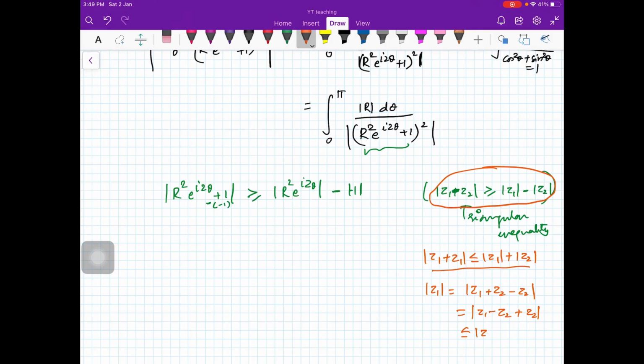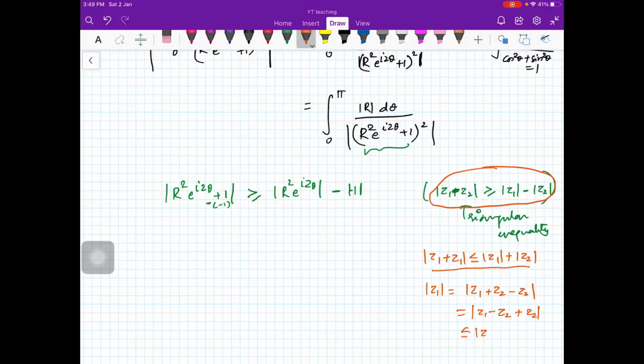So this integral is further less than or equal to the integral from 0 to pi of r upon r square minus 1, whole square, d theta. Here r is positive because we are taking r going to infinity. Now you just integrate it, because r is constant outside, so you have r upon r square minus 1, whole square, times pi. So the integral along CR of f(z) dz, in mod, is less than or equal to this.